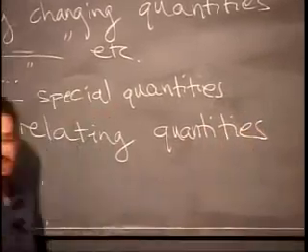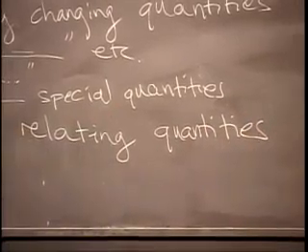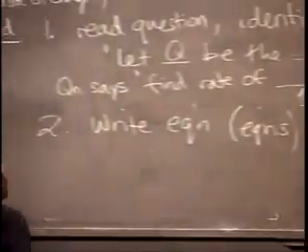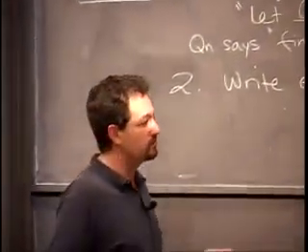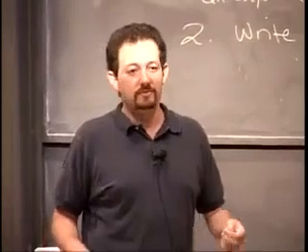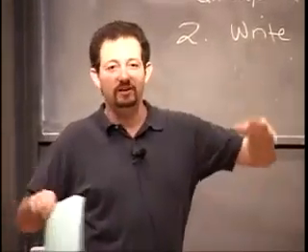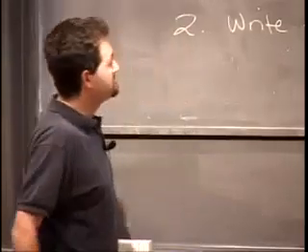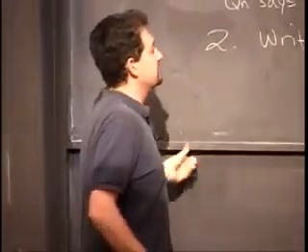The idea is that when one of them changes, the other one or the other ones have got to change as well. They have to be related. You can't possibly solve the problem if one of them is the flap of a butterfly's wings and the other one is the power of a hurricane. Well, maybe you can. But basically the quantities have to be related, and you should write down an equation relating them.